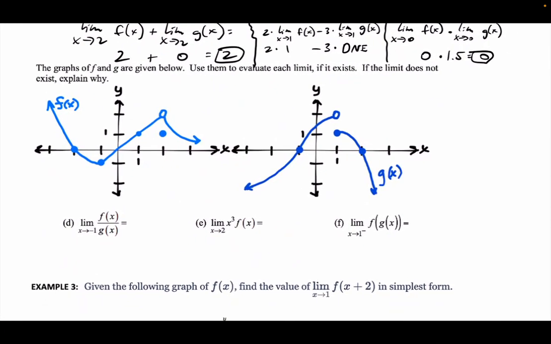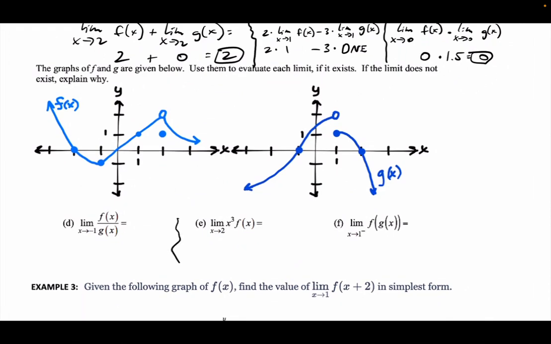F we'll do together because f is a little different. What are we supposed to do with the x to the third power? Is x going to be just 2? Good question. It's going to be multiplication, right? So let me write this.